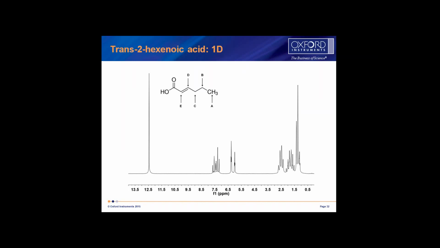So we're going to look at a new molecule, trans-2-hexenoic acid. The reason for this is we have a series of resonances, the CH3 A, which is coupled to the B, which is coupled to the C, which is coupled to the D spin, which is coupled to the E spin. So what we have is an unbroken chain of spins, mutually J coupled together.